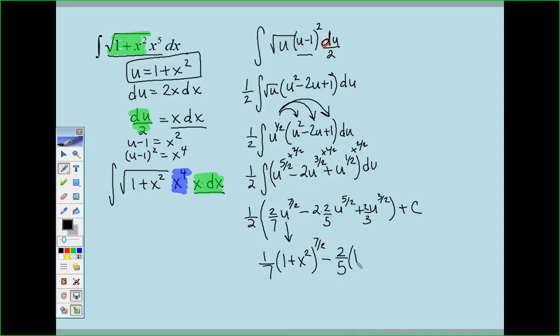And again, we're going to make our substitution to the 5/2. And then plus, now 1/2 times 2/3 would leave 1/3. And then again, replacing u with 1 plus x squared to the 3/2. And there's our antiderivative.